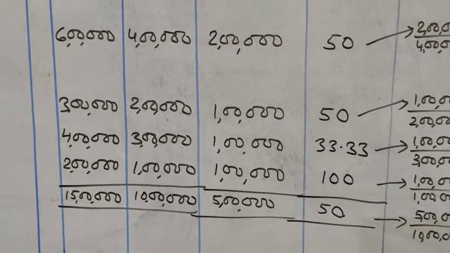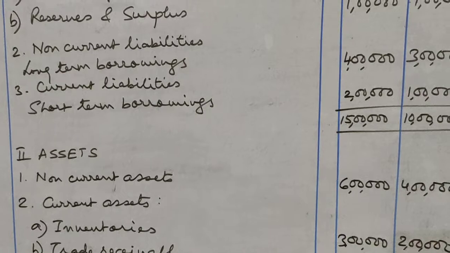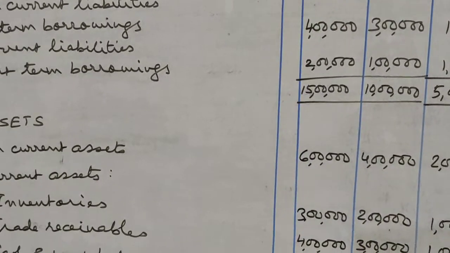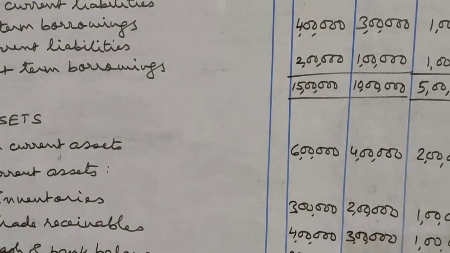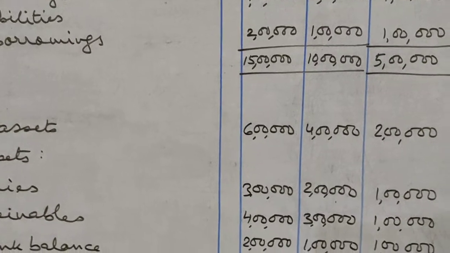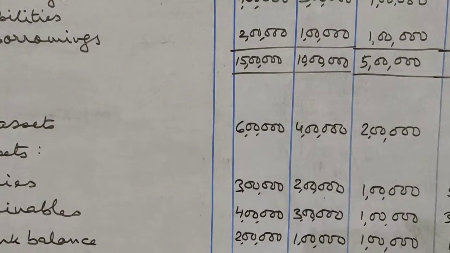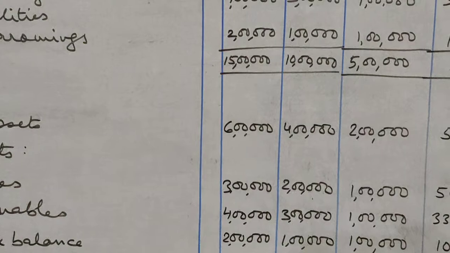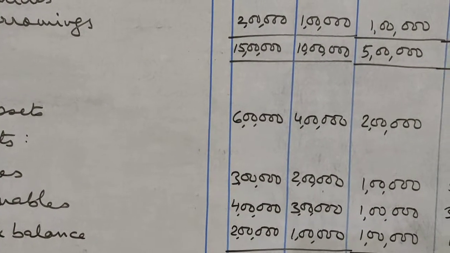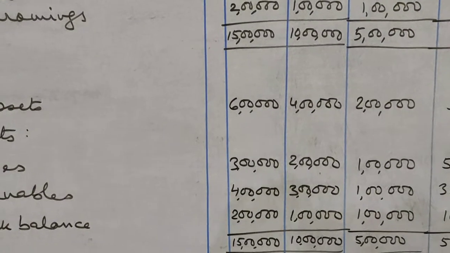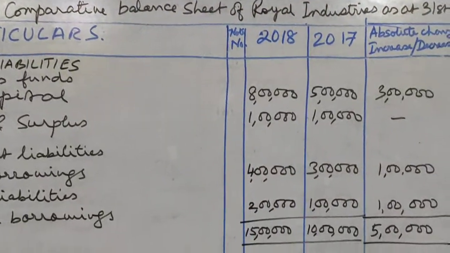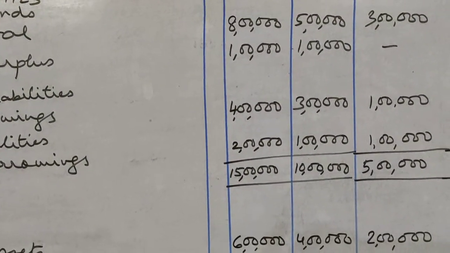Now similarly we can also prepare a comparative statement of profit and loss. So similarly we will also take the values of the revenue from operations and so on, and then we will find out the absolute increase or decrease, and then we will find out the percentage increase or decrease. The format is given in page number 11.11.